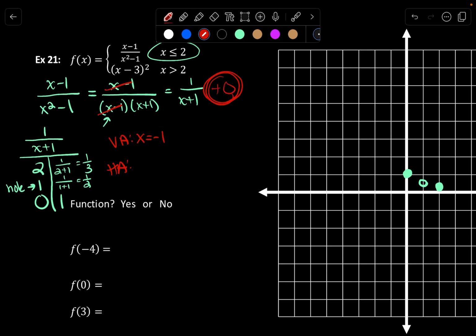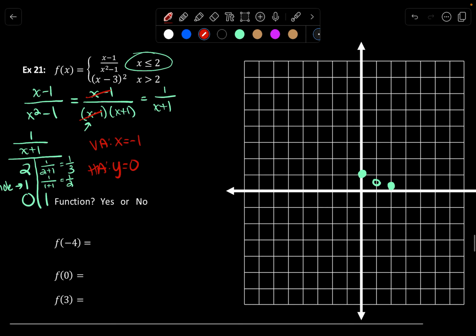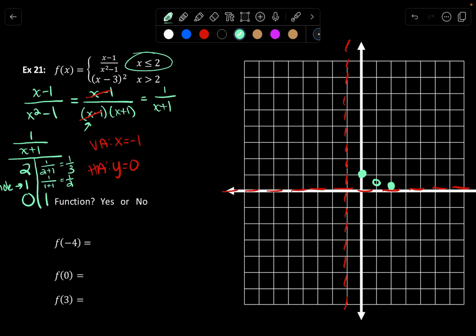Technically, it's +0, which means our horizontal asymptote is going to be at y equals 0. So at x equals -1, we have our vertical asymptote. And then at y equals 0, we have our horizontal asymptote. So now we can see where this curve is going to approach on this direction, but it's going to stop at 2 because of my domain restriction. Okay, we do not go past 2.